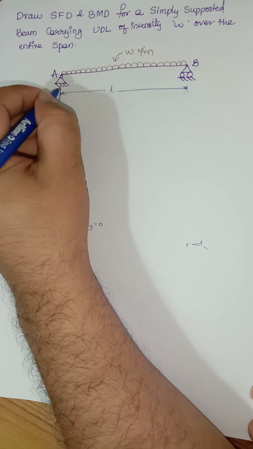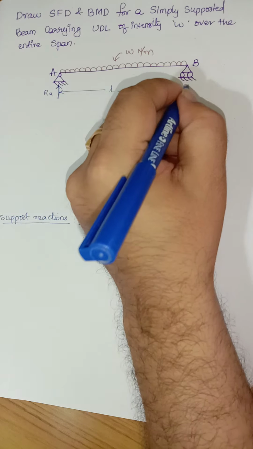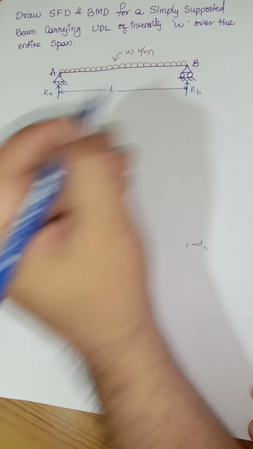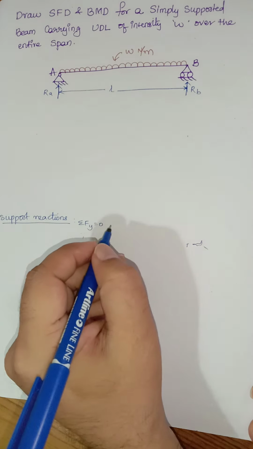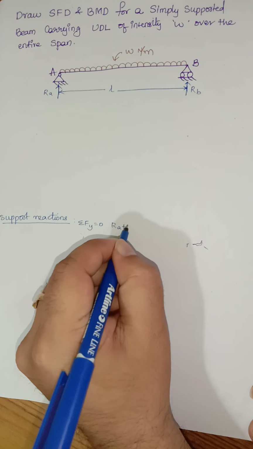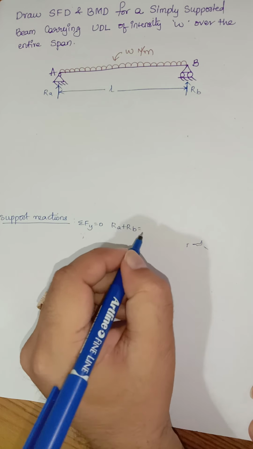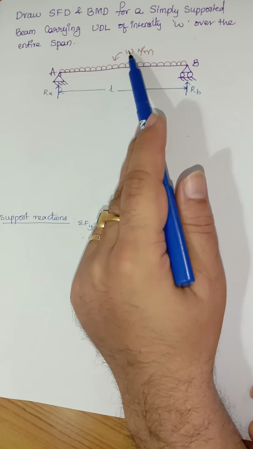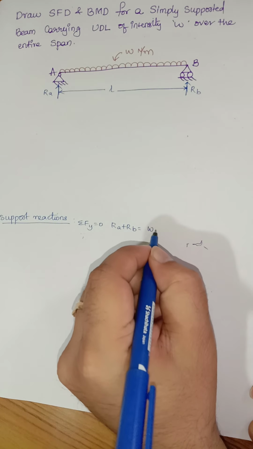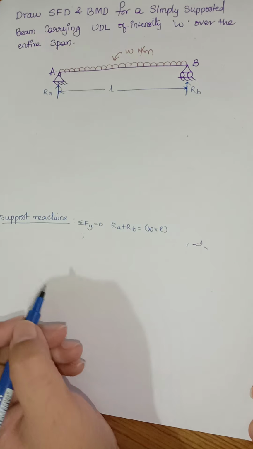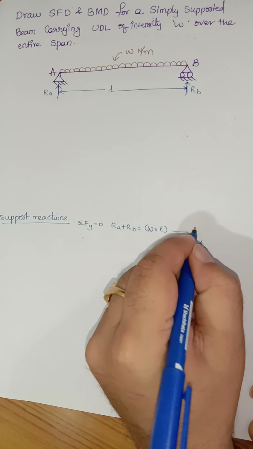Let us consider there is a reaction RA at A and a reaction RB at B, vertical reactions. So RA plus RB will be equal to the total load acting in the downward direction, that is W multiplied by L. So RA plus RB is equal to W into L. This is the first equation.